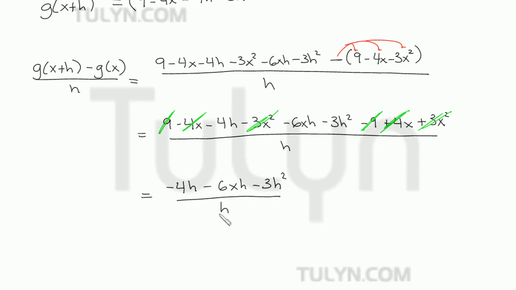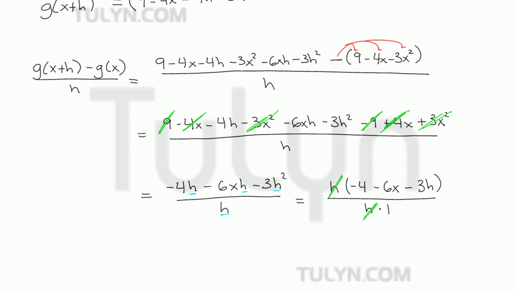So this is looking a lot nicer. Now notice that there's an h in each of these terms, so we can factor out an h. From the numerator, if you take an h out, you're left with negative 4 minus 6x minus 3h, and then you have an h times 1 in the denominator.